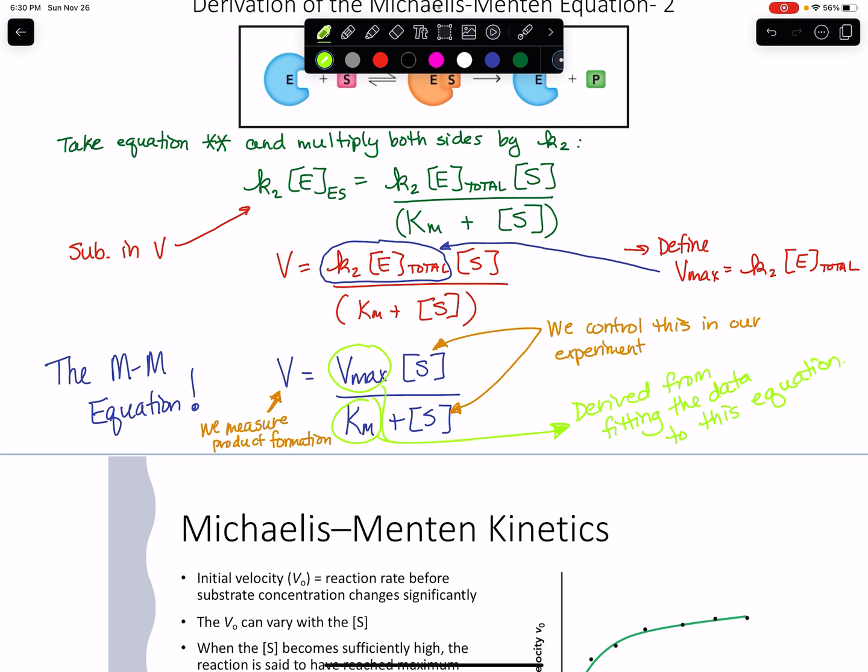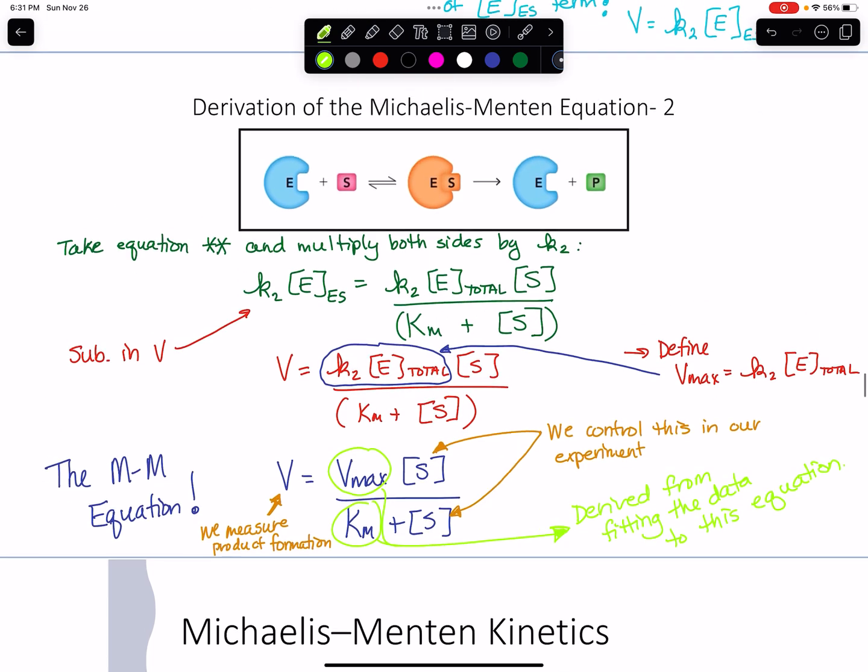And the Km is going to tell us about the affinity for the substrate, and the Vmax is going to tell us about K2. And K2 tells us about how good the enzyme is at actually doing the chemistry that we need to do to make product.